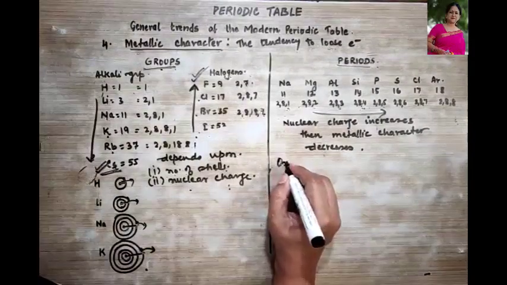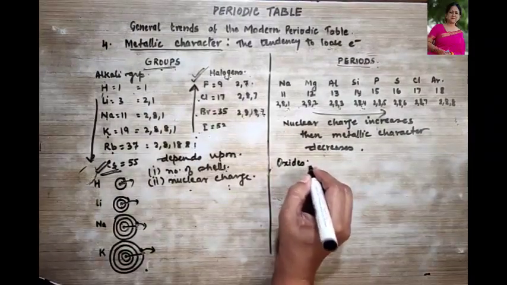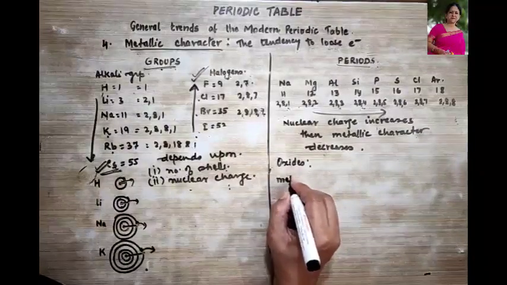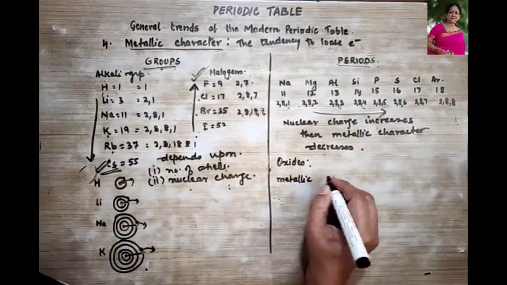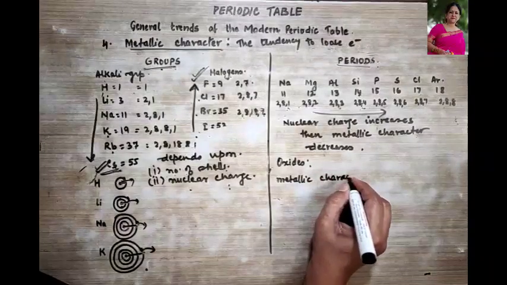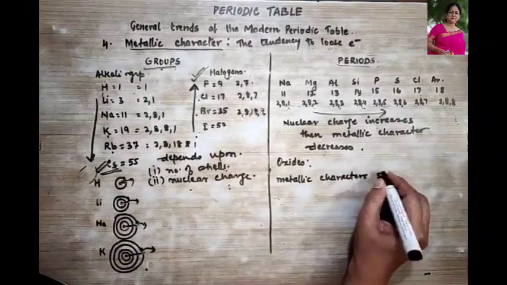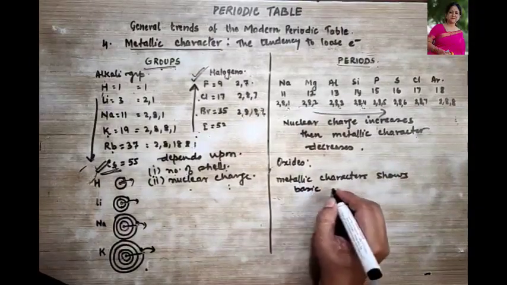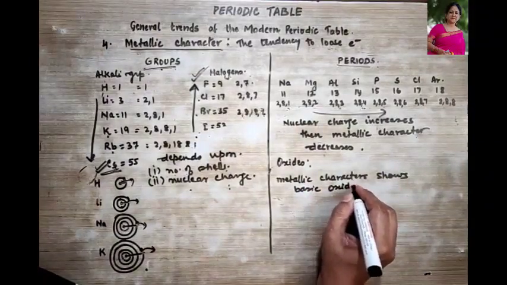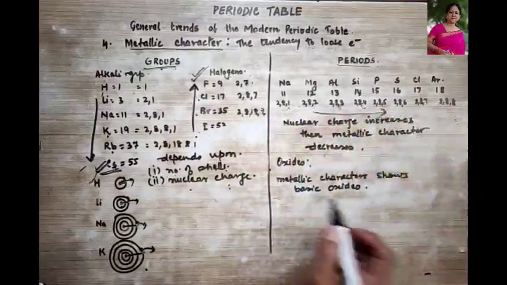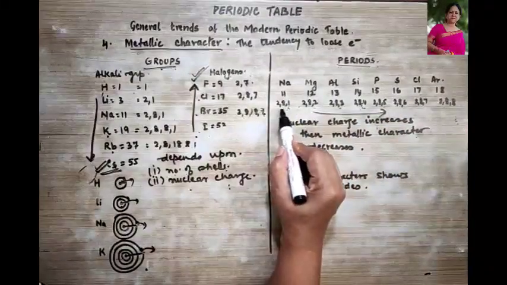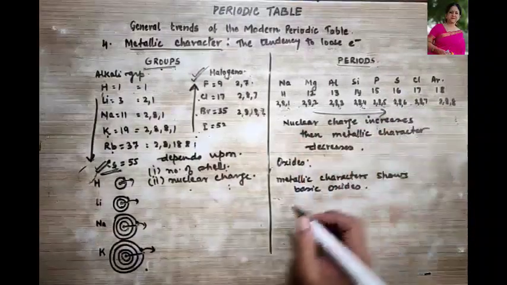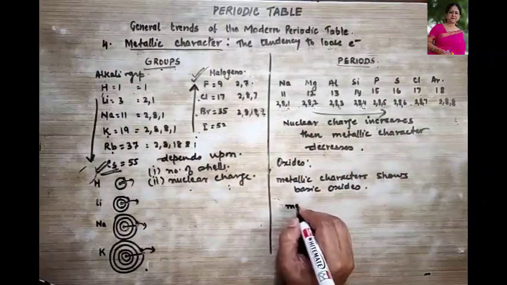Lastly, we talk about oxides also when we are talking about metallic character. Metallic character shows what kind of oxides? Metallic character shows basic oxides. Okay. So, in a period, this is metal, metalloid, non-metals. This is the trend. How do we study?